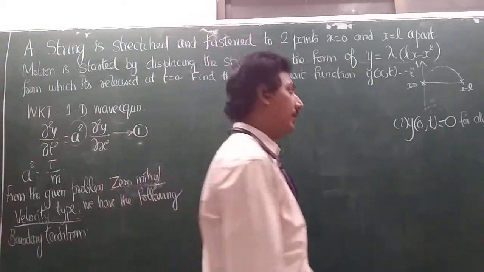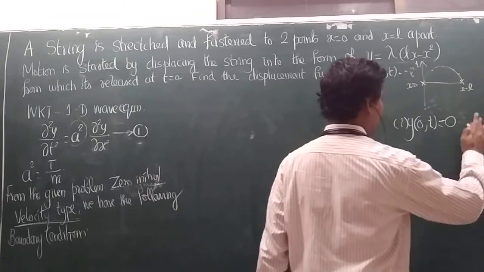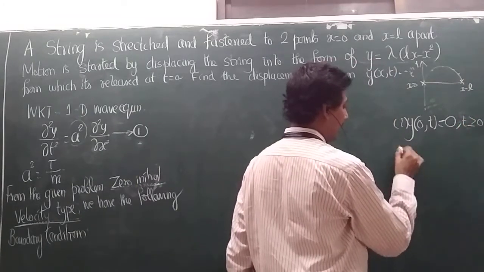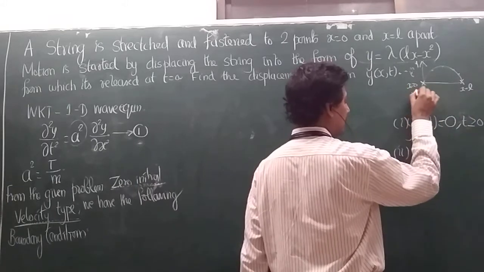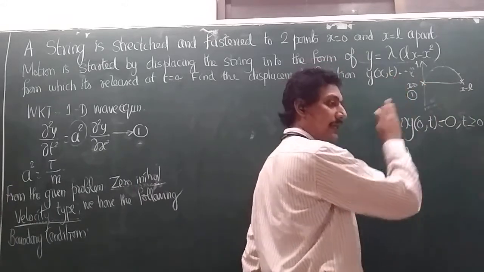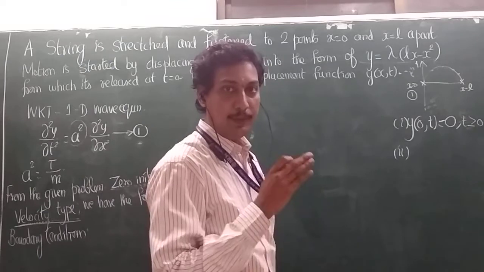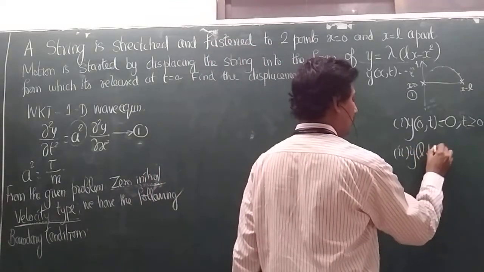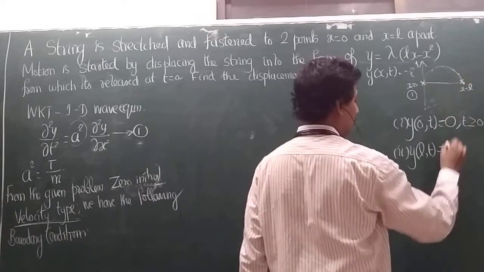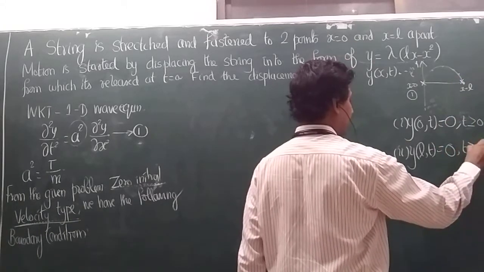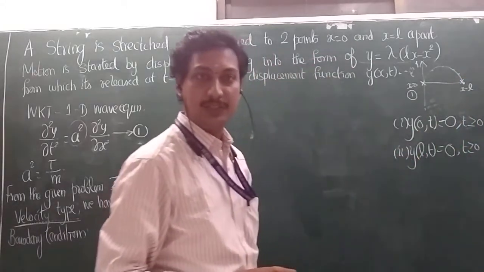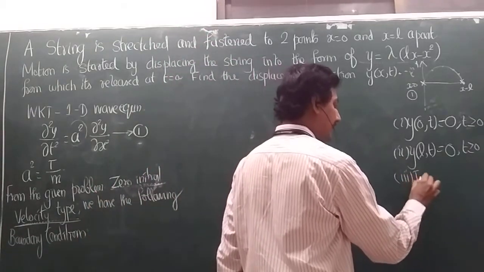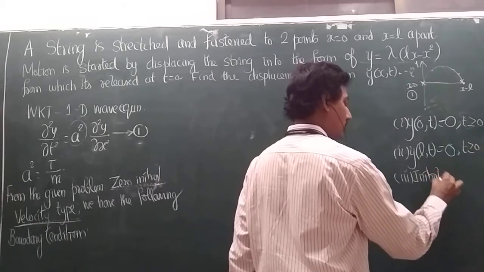What about the second boundary condition? For the second end, at x equal to L, once again it is fixed, so no displacement: y(L, t) = 0 for all time t greater than or equal to 0. And the third one is that the initial velocity is 0.